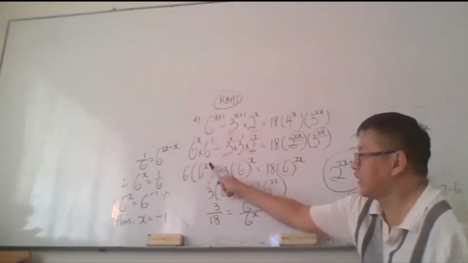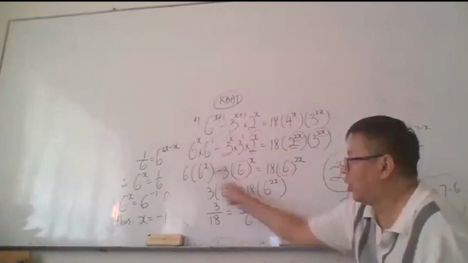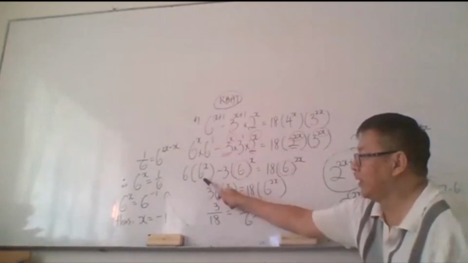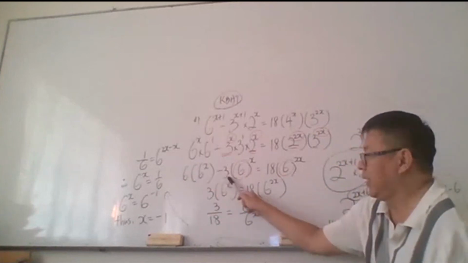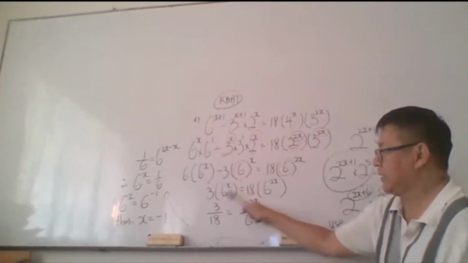And 6x minus 3x, that's called like terms. For like terms, we can just use 6 minus 3, then you get 3x.